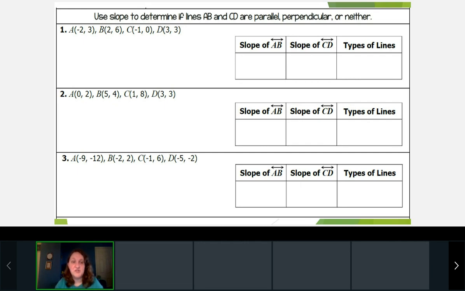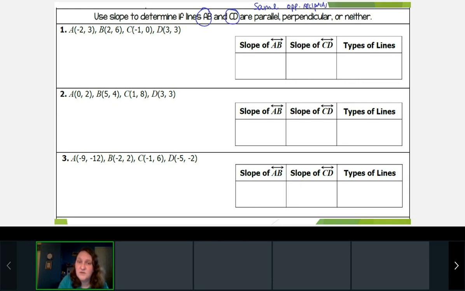So what you're going to do is calculate the slope of AB, whatever line they're asking for. So we're going to calculate the slope of AB, and then we're going to calculate the slope of CD, and we're going to compare them. If the slopes are the same, then we're looking at parallel lines. If they are opposite reciprocals, then they are perpendicular.